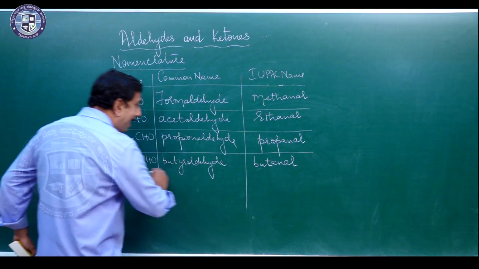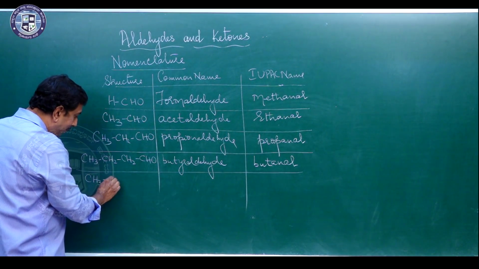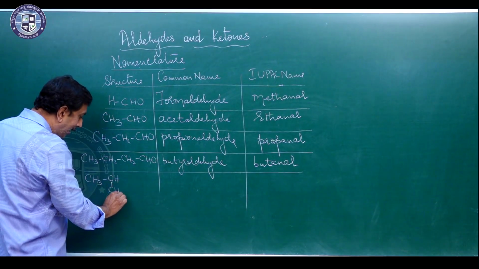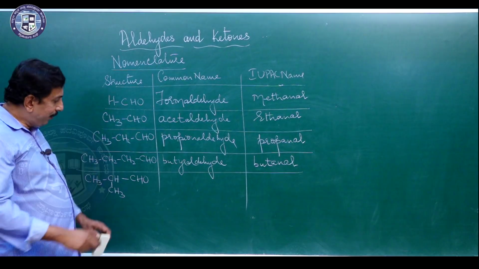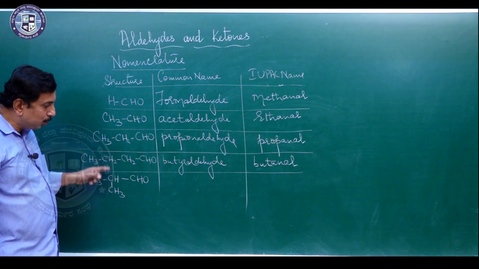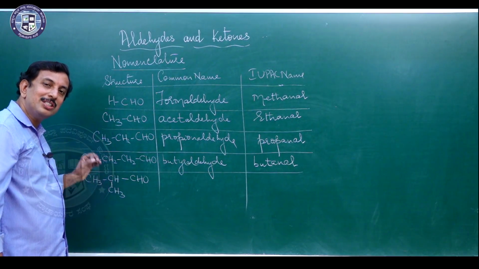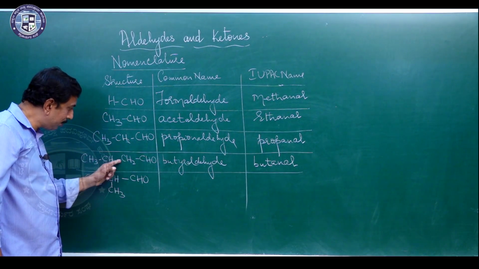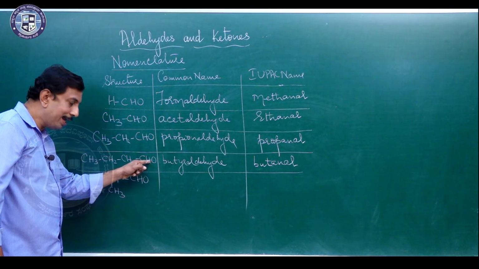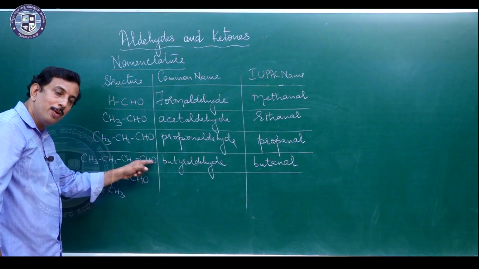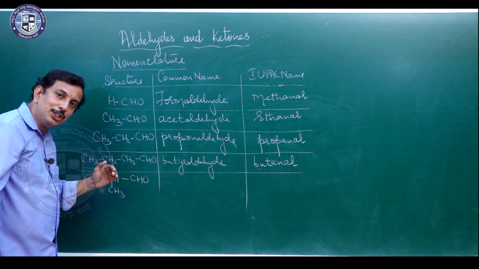Similarly, if I go with another compound here, that compound I can write as CH3, CH, CH3, CHO. If we check these two compounds, we can see that they have the same molecular formula. Just count the carbon atoms, 1, 2, 3, 4, C4, hydrogen atoms 3, 5, 7, 8, so C4H8O.